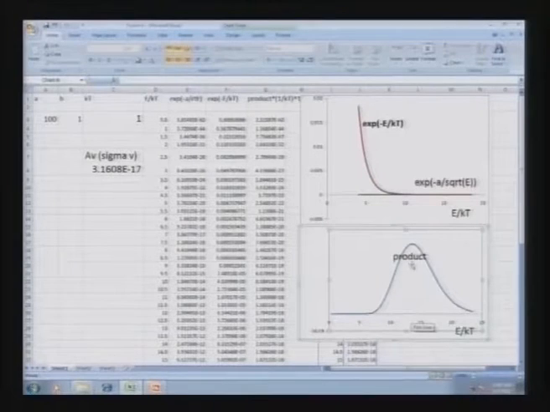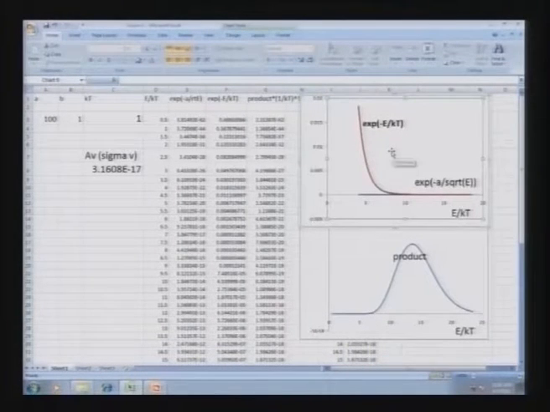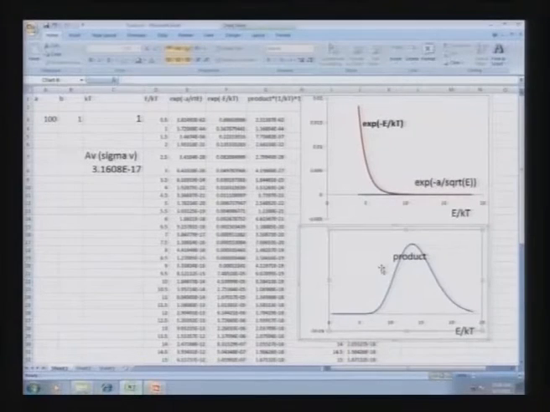This is 10 to the power minus 19 scale and here it is 10 to the power minus 2 scale. So, as compared to the y axis scale here, the y scale here is 16 orders less, but in that it goes through a maximum and then it becomes very small.